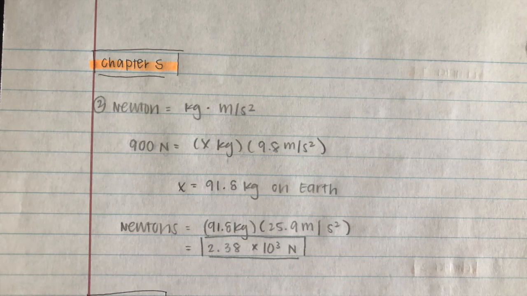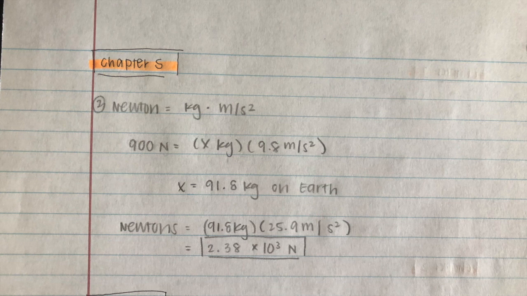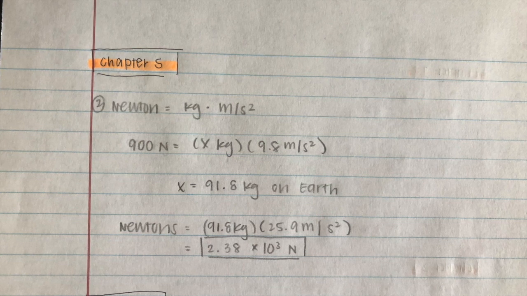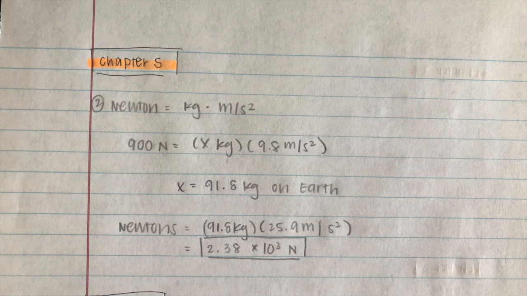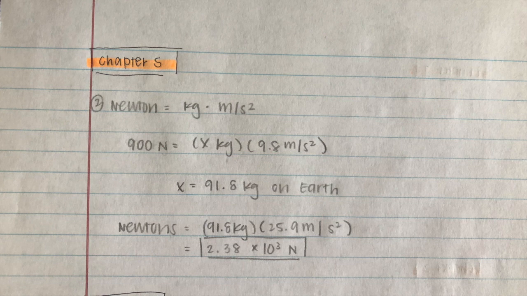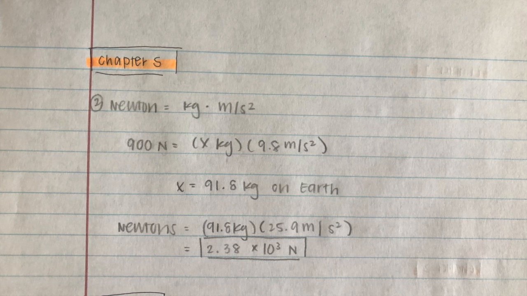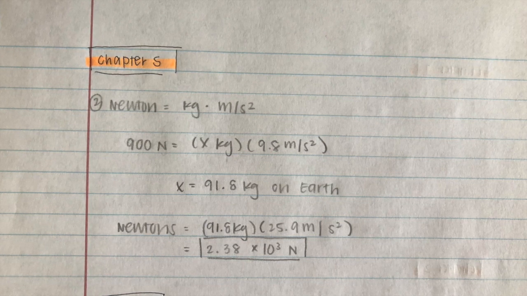Chapter 5, Question 2 is asking for the weight of a man on Jupiter given his weight on Earth. We also know that newtons are the unit used to describe force, and force equals mass times acceleration, and in this case we are describing the free fall acceleration on these certain planets.